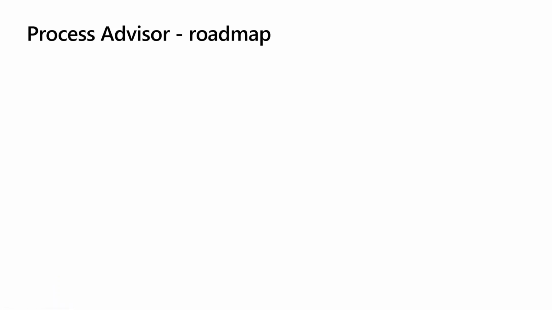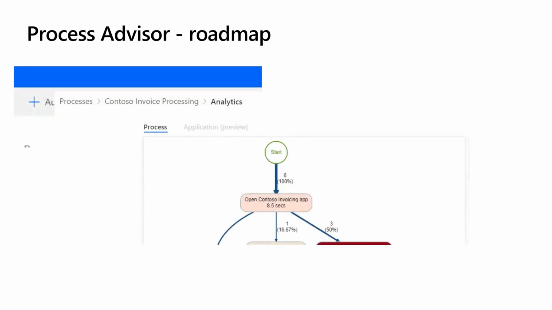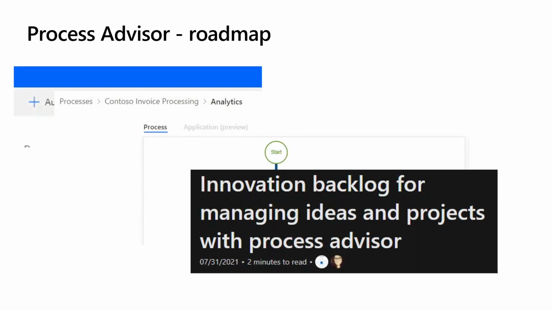An interesting note on the roadmap: it might be mid-2022 before this comes out, but it was slated for April 2022, and it's been taken out. But there is an innovation backlog for managing ideas and projects. The vision for this is to put the processes and procedures around managing a pipeline of automation work so that people can generate ideas.